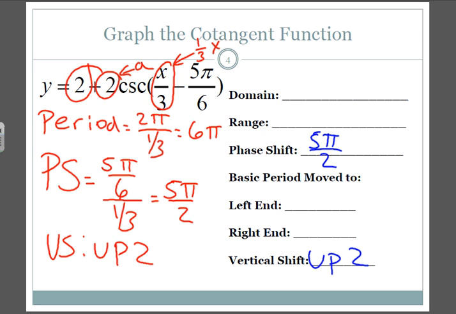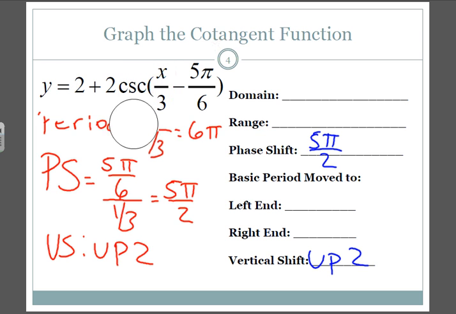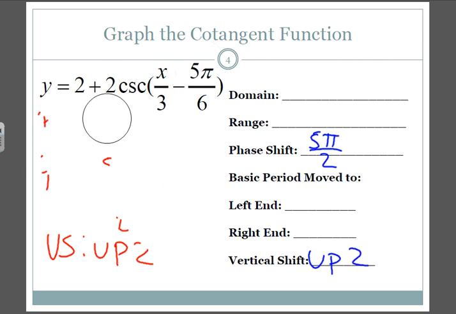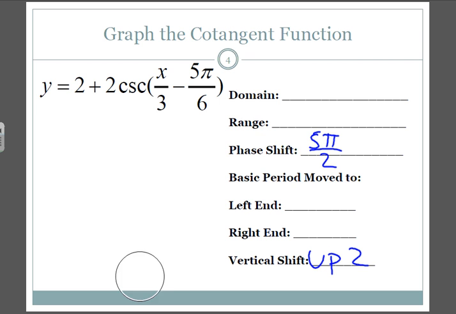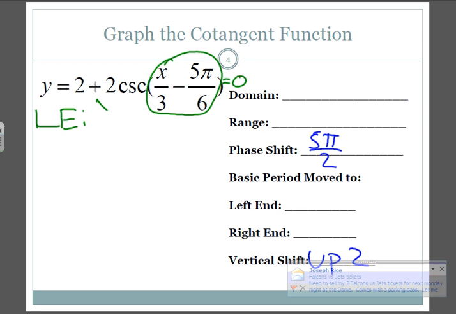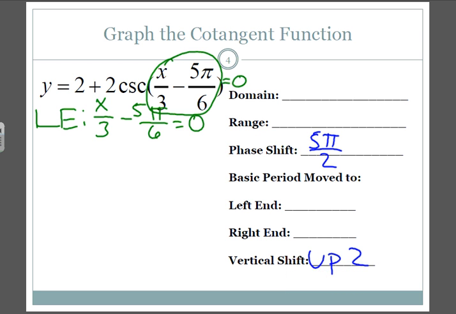All right, and now we got to find our left and right endpoints. So our left endpoint, remember we're just going to take this middle for our left endpoint and set it equal to 0. So it'll be x divided by 3 minus 5 pi over 6 equals 0.